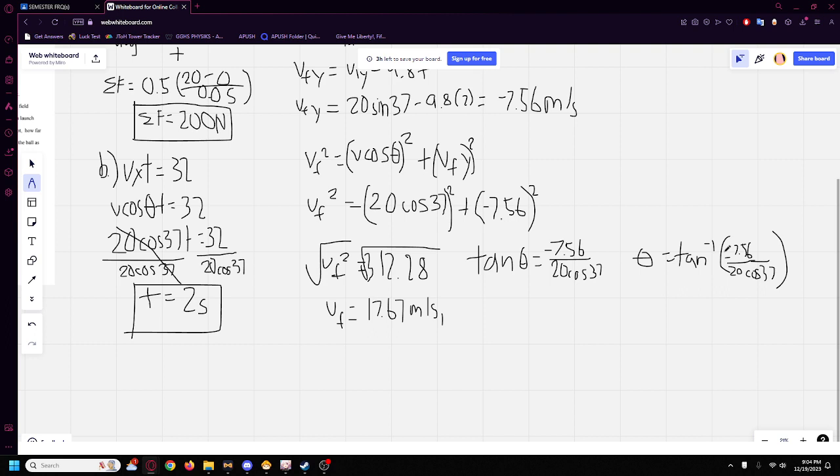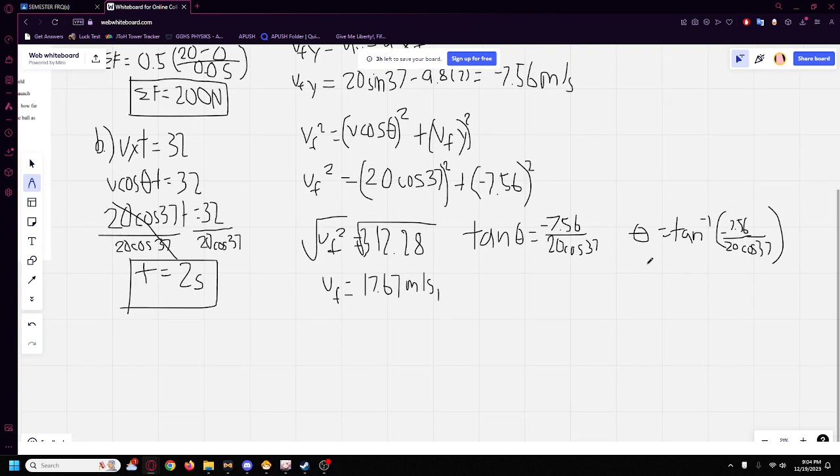When you plug this into your calculator, you get negative 25.32 degrees.